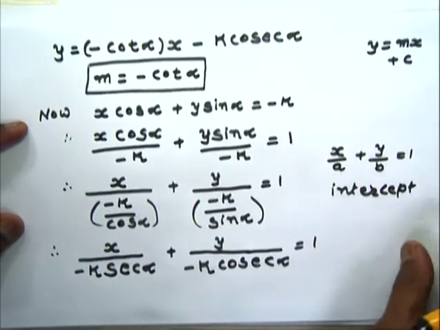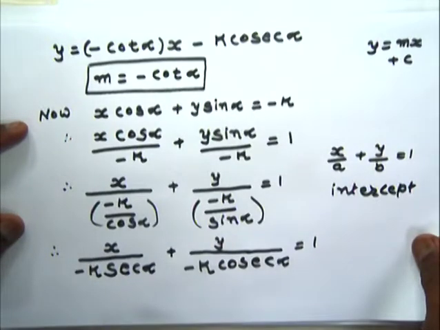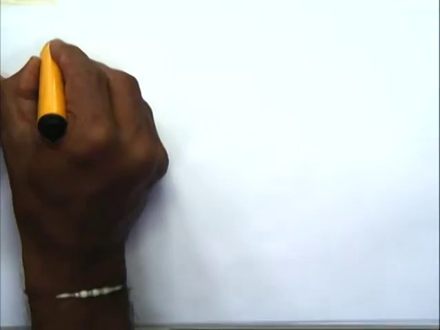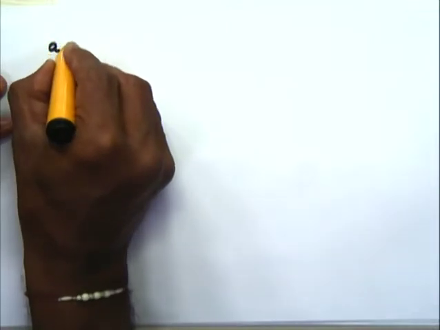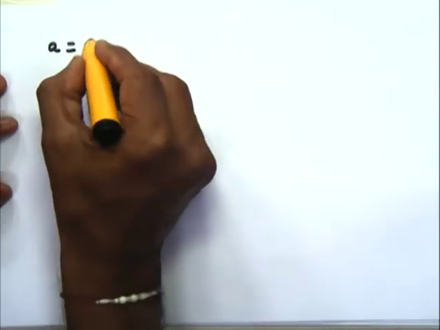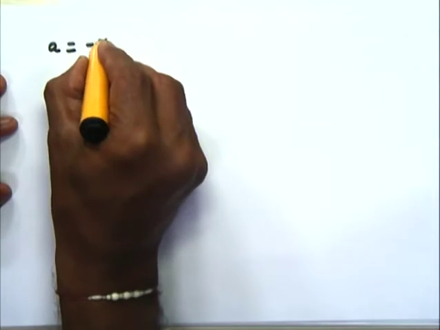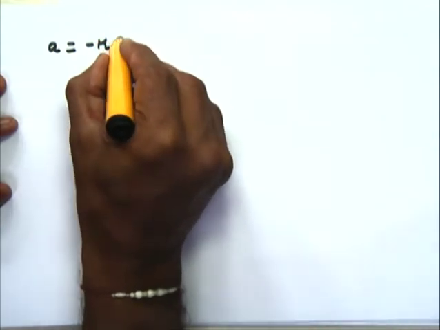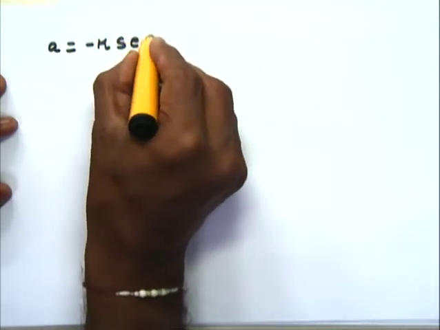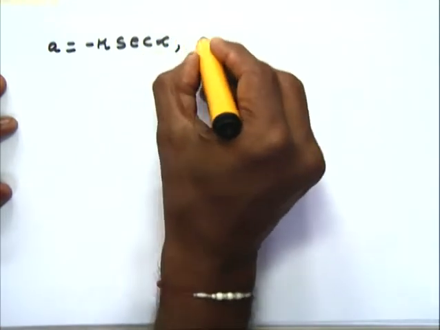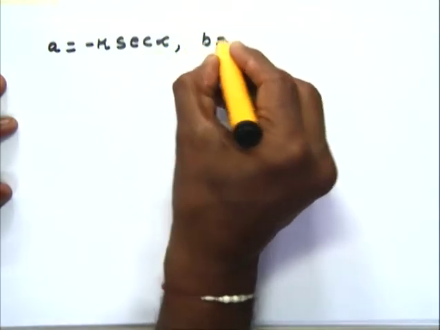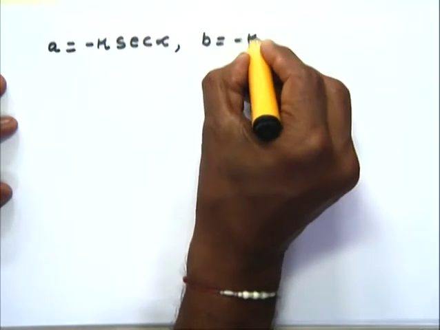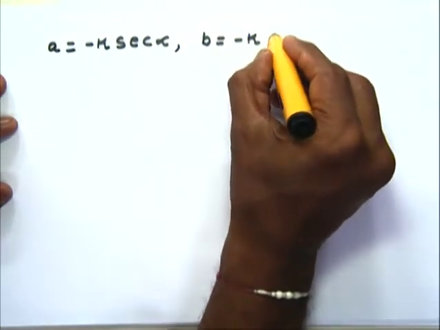I find that the value of a is minus k sec alpha, and b is minus k cosec alpha.